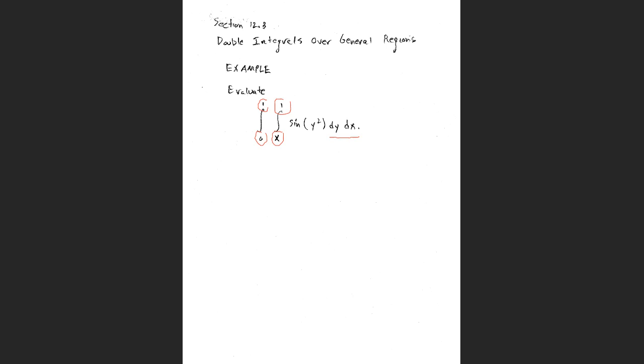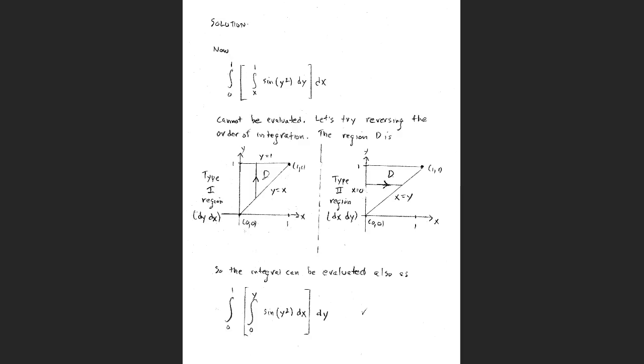Because what I'm really doing is using a type 1 region here because we're doing dy dx, and I want to change it. The region won't change, but I want to do a type 2 integral instead. But to do that, I've got to see the region. We're going to try to reverse the order of integration and see if that helps.